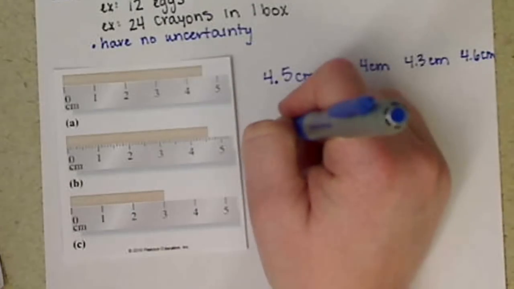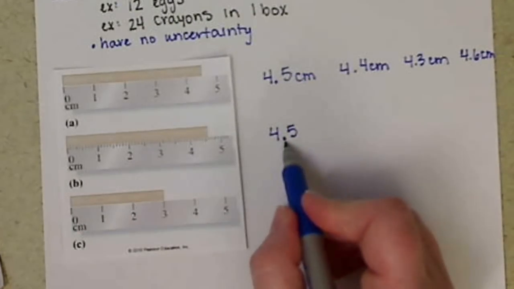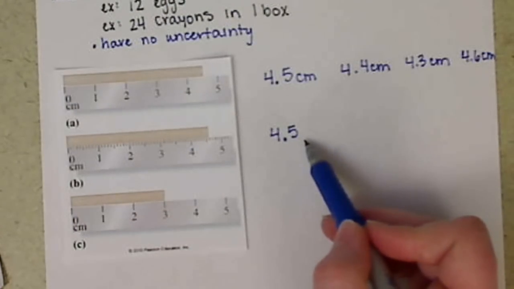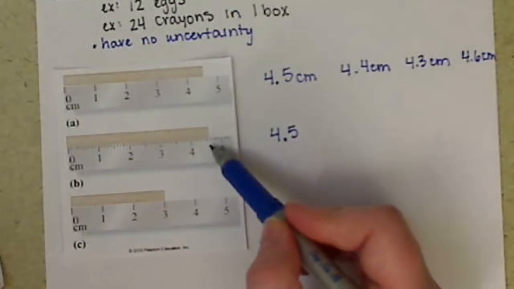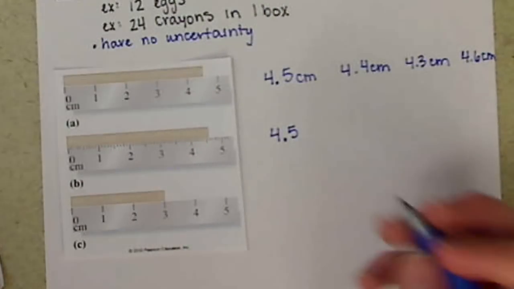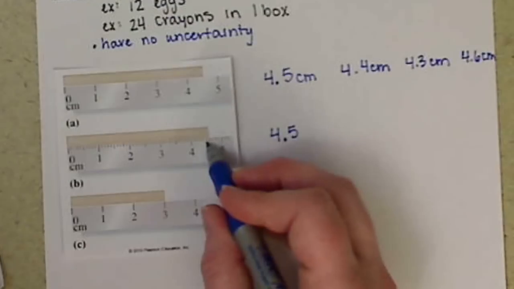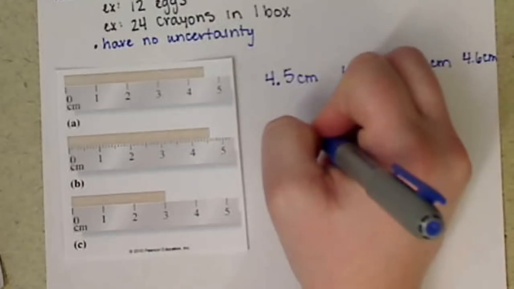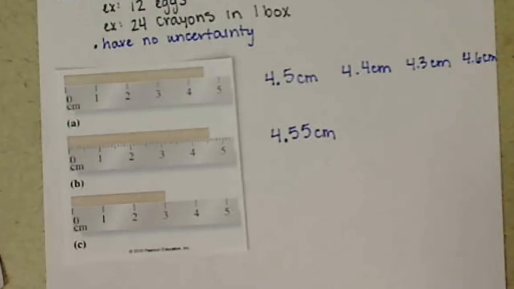So now we have a 4.5 value. Now the next digit is the one that we're going to estimate. So I'm going to say that's about in between the 0.5 and the 0.6. So I'm going to say that this is 4.55 centimeters.